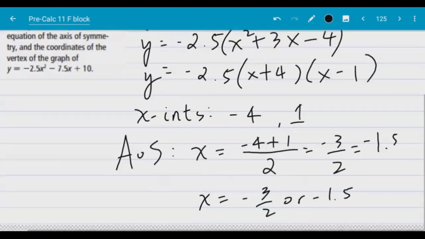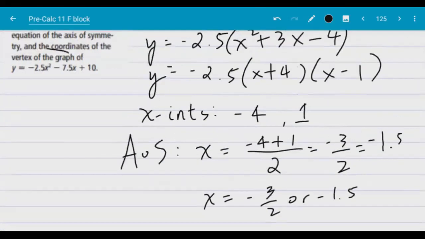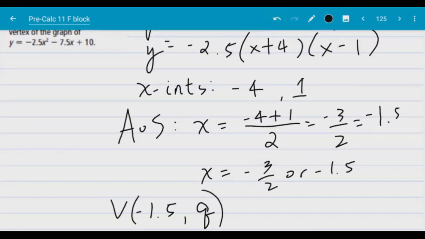Okay. Now, guys, if we need to find the vertex, remember that this axis of symmetry, this value, actually also gives you the x-coordinate of the vertex. So the vertex is actually now going to be negative 1.5. And then there is a certain q value, whatever that is.